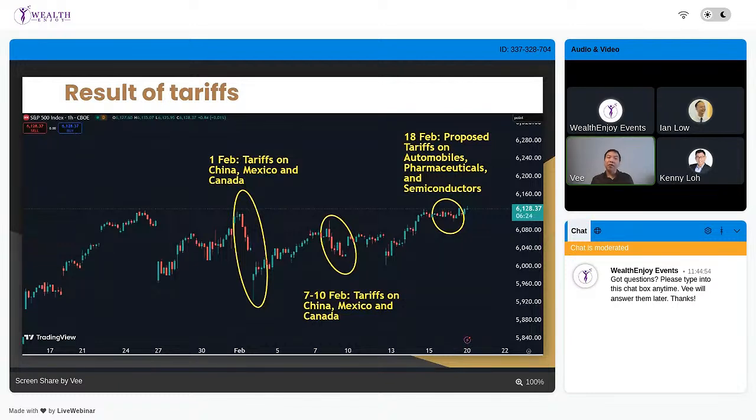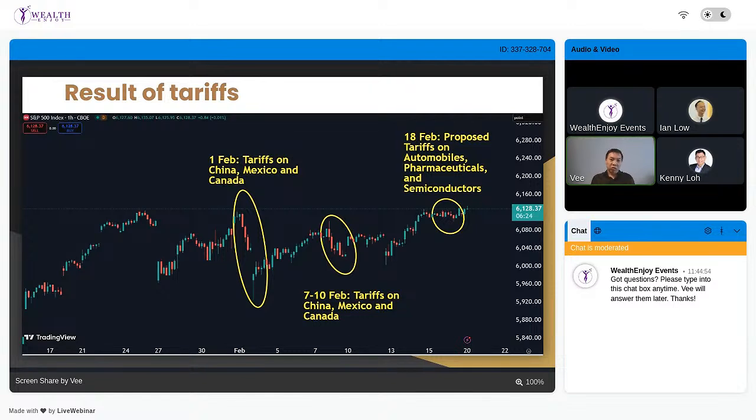More mention of tariffs that do not translate into drastic action just does not translate into high prices that can be passed through to consumers. The reaction function diminishes each time the tariff announcements come.